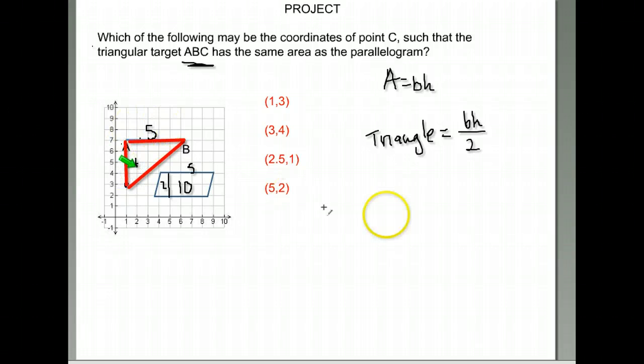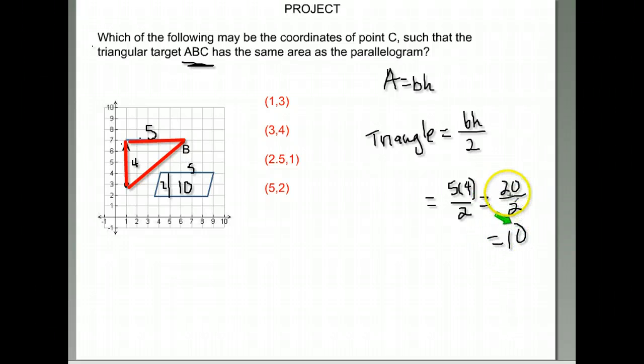For a triangle, you do base times height divided by 2. 5 times 4 is 20. 20 divided by 2 is 10. Did we get the same area as our parallelogram? We did. We knew the parallelogram from our last question had an area of 10. If we use 1, 3 as that point C, we get the same thing.